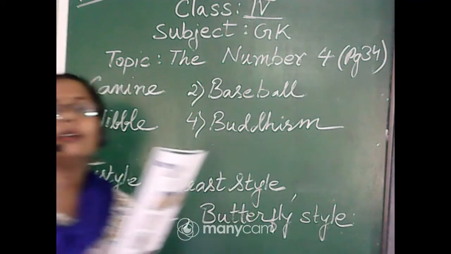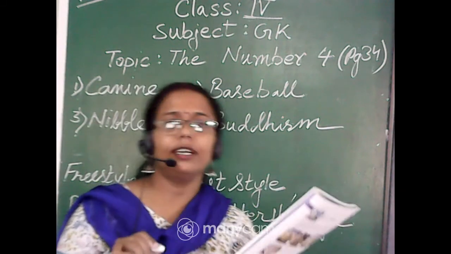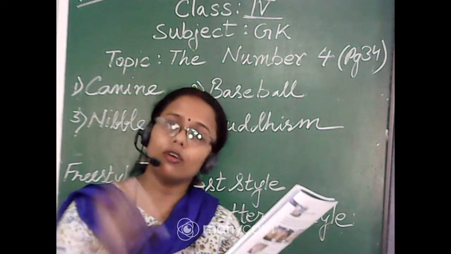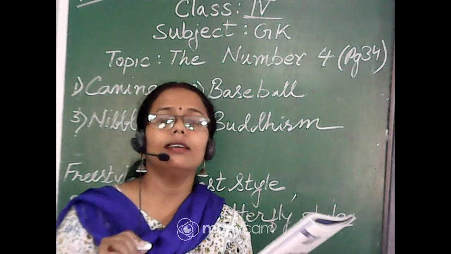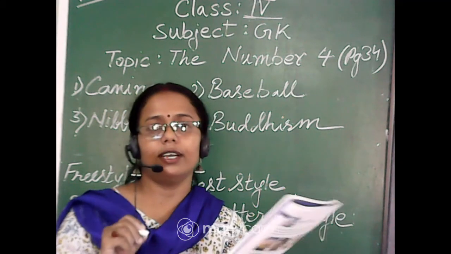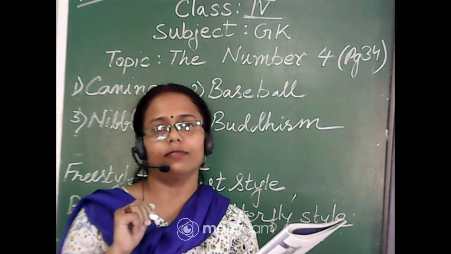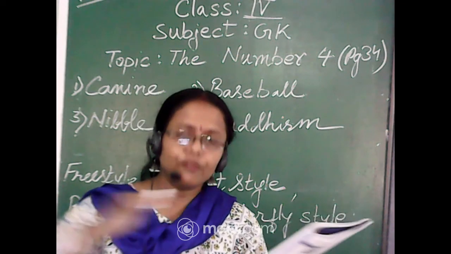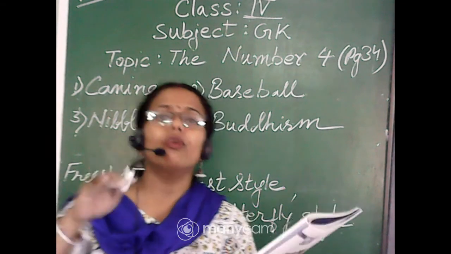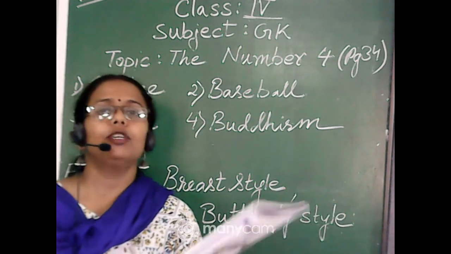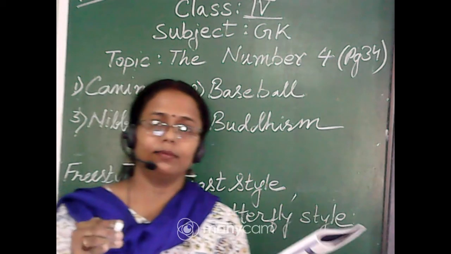It is, what is suffering? Second, what are the causes of suffering? Third, what is the end of suffering? And the fourth one, what is the path to the end of suffering? Okay, so these are the 4 great truths which are taught in Buddhism.